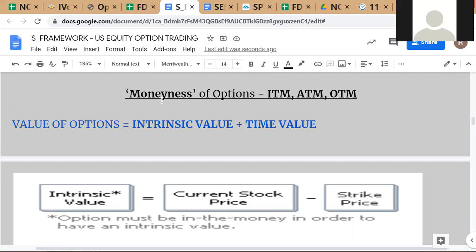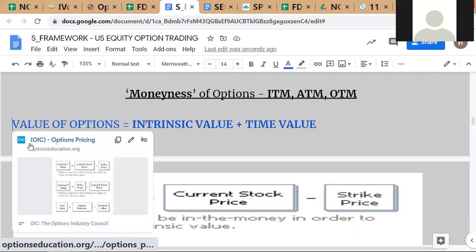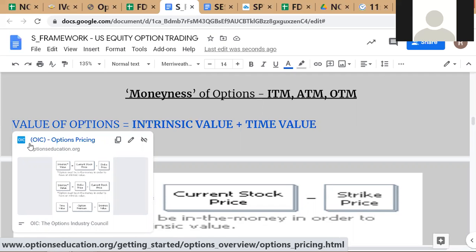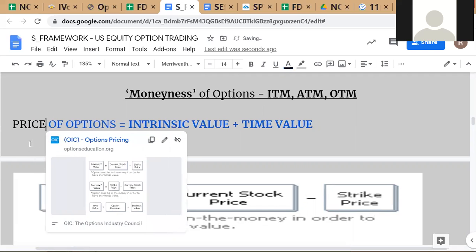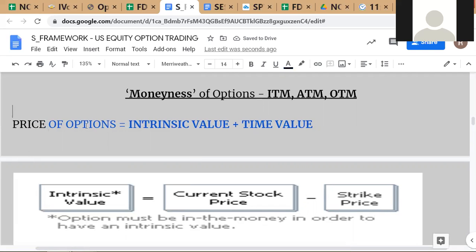So the first principle we are learning is the value of options. This is not quite the right terminology, actually. Although we use the word value, because this is all industry lingo, I don't want to say intrinsic price or time price.